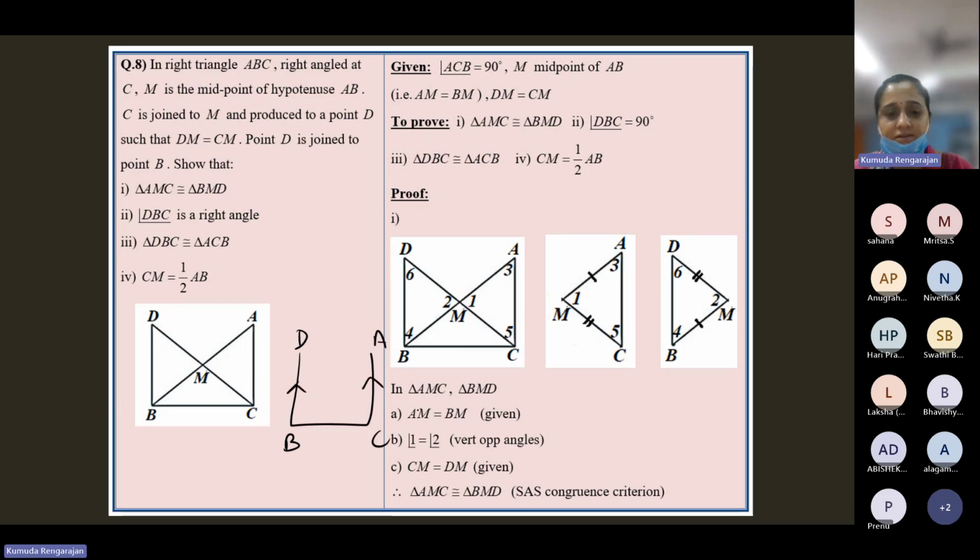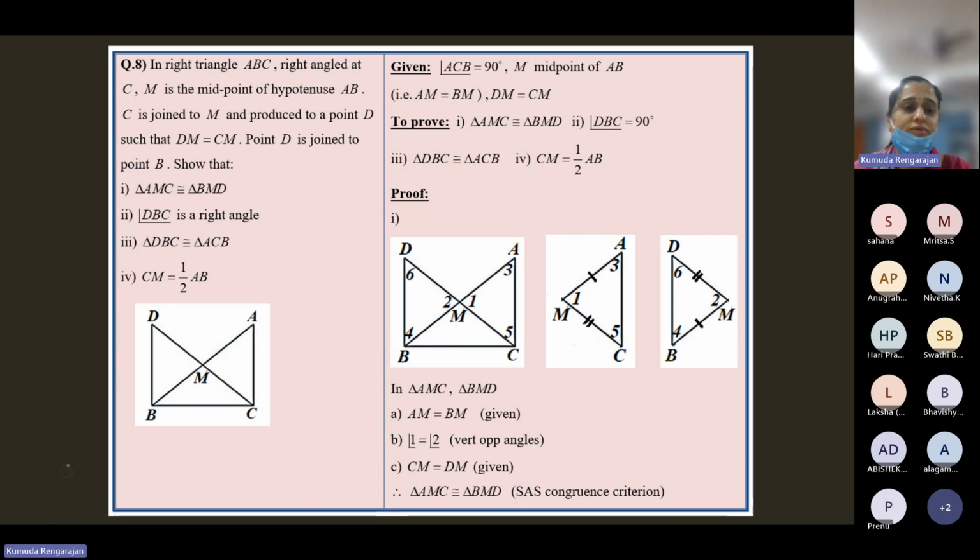And after that, look at the figure like this. This angle is 90 degrees as given in the question. Parallel lines, transversal: BC is the transversal. Co-interior angles are supplementary, so this is 90, this is also 90. So angle DBC is a right angle. We proved that.